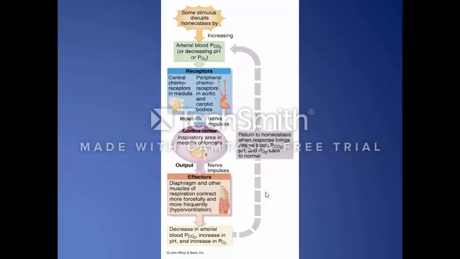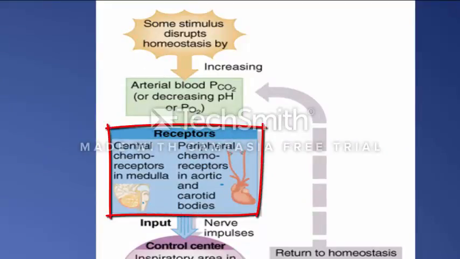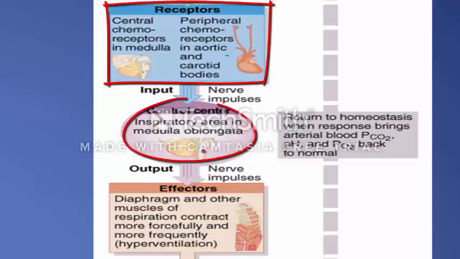During this module, we talk about homeostasis and maintaining balance within the body. So we'll imagine that some stimulus disrupts homeostasis and causes an increase in the arterial partial pressure of carbon dioxide or a decrease in oxygen. Receptors within the medulla and the aortic and carotid bodies send nerve impulses to the inspiratory area within the medulla oblongata.